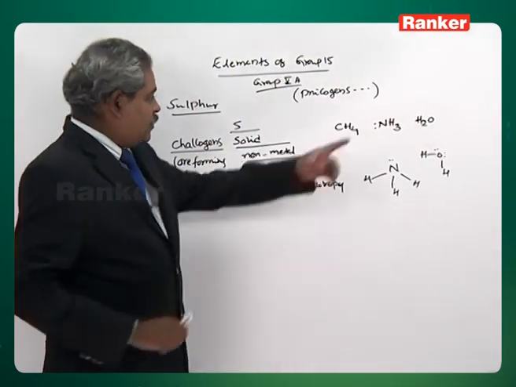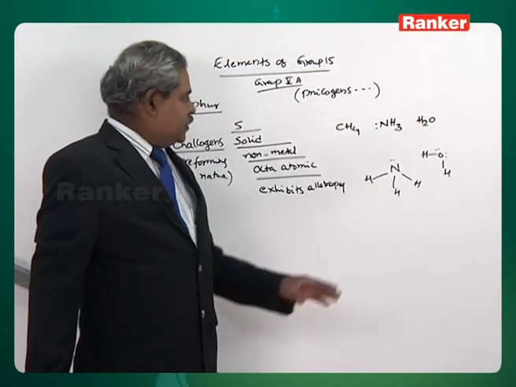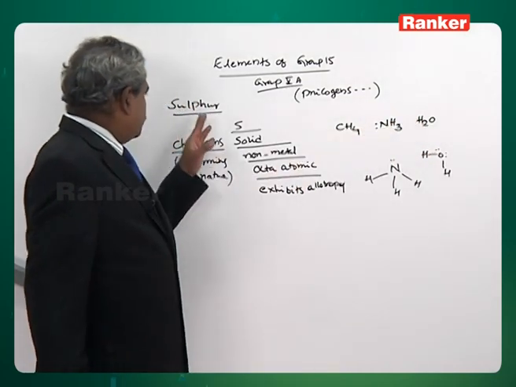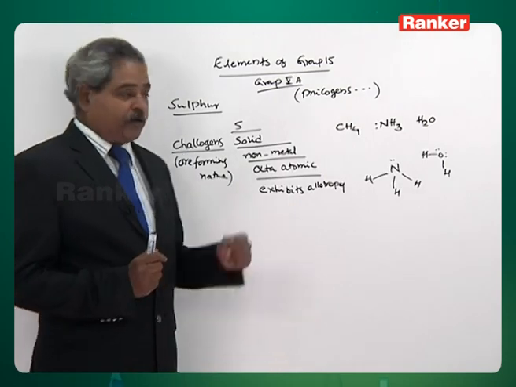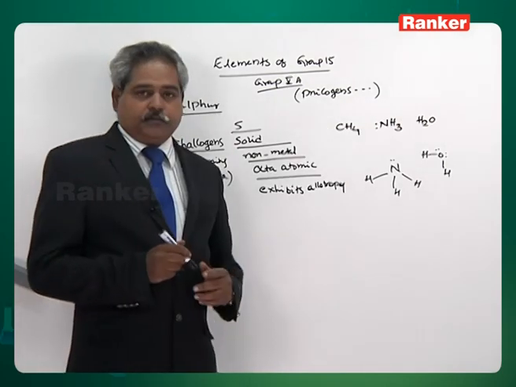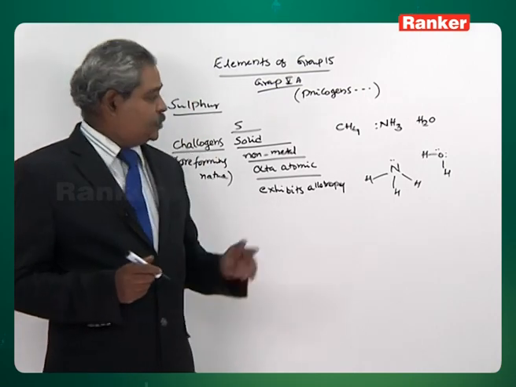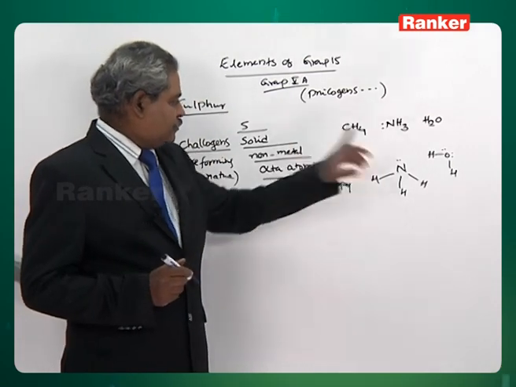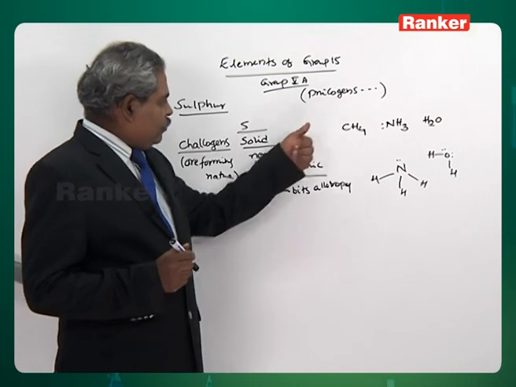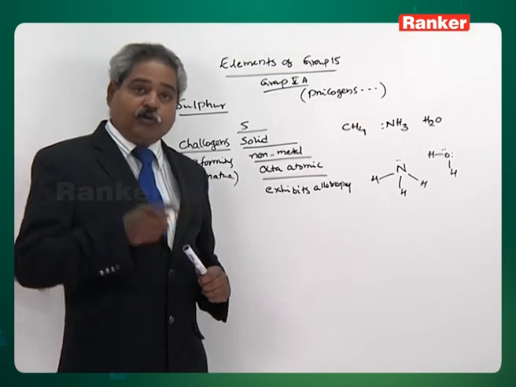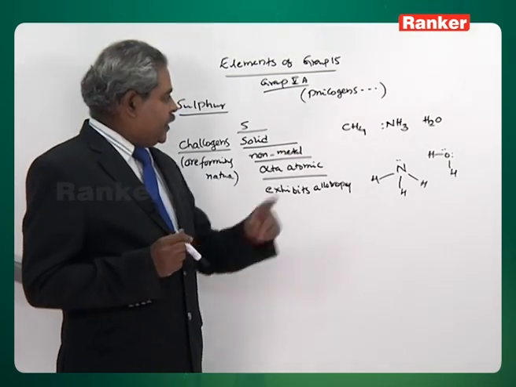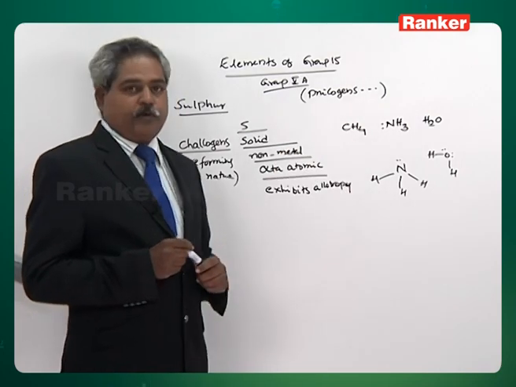After forming 2 bonds, oxygen belonging to the sixth group will have 6 valence electrons and only 2 of them are used and 4 are unused pairs. Fourth group, no lone pair. Fifth group, 1 lone pair, and sixth group, 2 lone pairs.